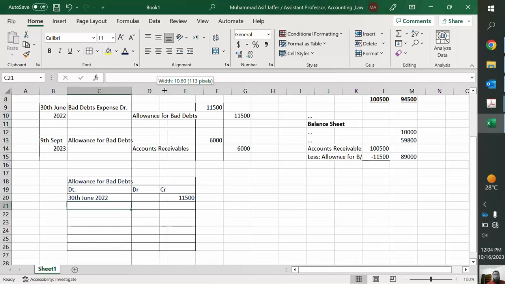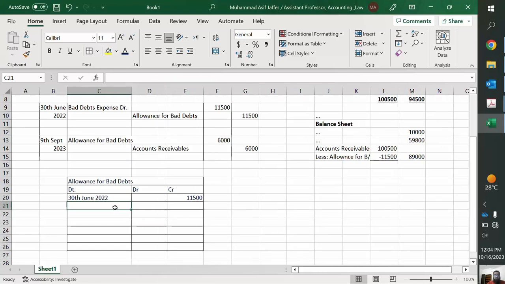On 9th September 2023, this account has been debited by 6,000. So what is the net credit balance in this account? It's 11,500 minus 6,000, so 5,500 is the net credit balance in this account, right?